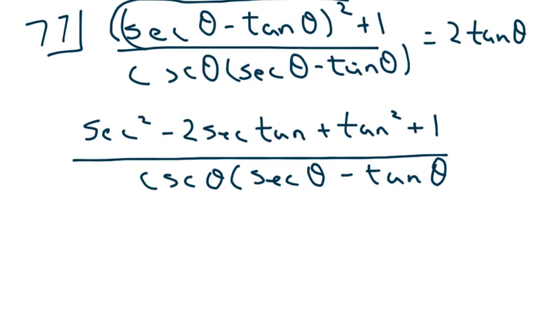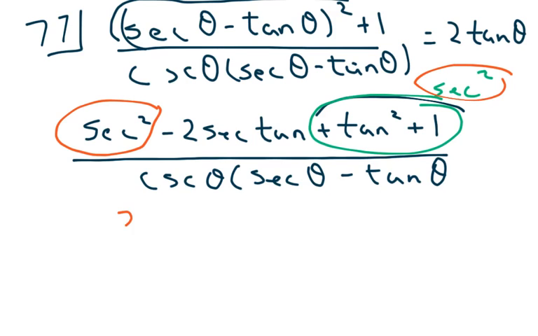Now from there, I know that tan squared plus 1 is secant squared. So from here, I know this equals secant squared. So basically, I have 2 of these.